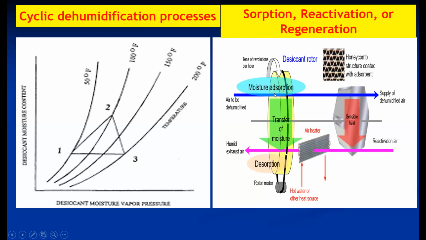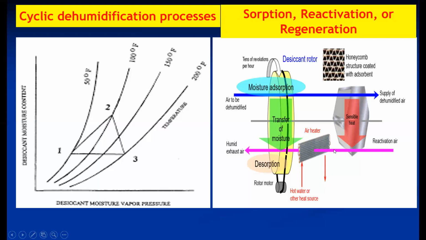Also, because of absorption of latent heat, its temperature slightly increases. That is 1 to 2. Then for achieving the 2 to 3 process, as this desiccant wheel rotates, this portion comes down, and this portion which has already absorbed the moisture comes in contact with the hot air. The hot air is called reactivation air.